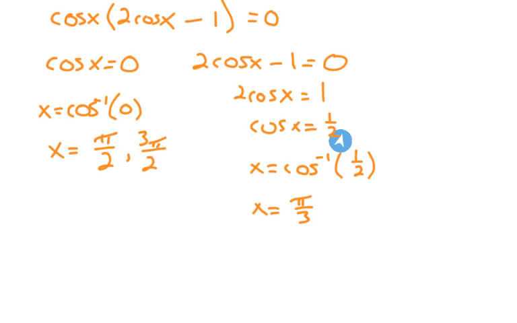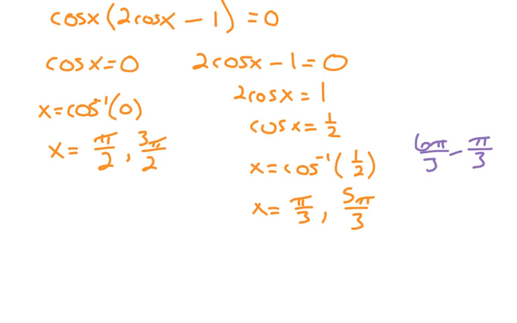So cosine was positive, and cosine is positive in quadrant 1 and quadrant 4, so we need to go pi over 3 radians into quadrant 4. So that would be 6 pi over 3 minus 1 pi over 3, and hopefully you can see that our second angle here is 5 pi over 3.